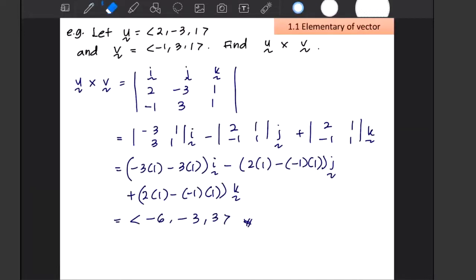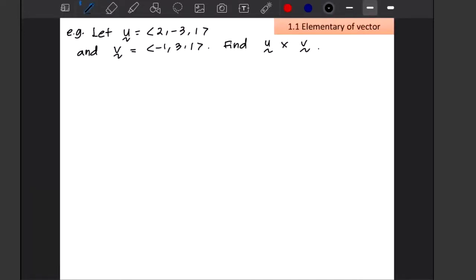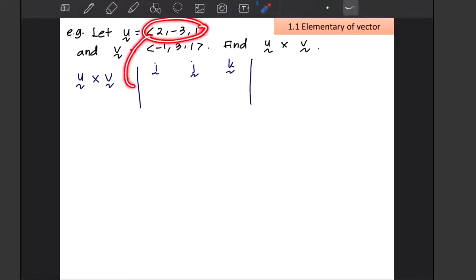We do it together. Okay, we have U and V here. Then find the cross product of U and V. First, put the component for I, J, and also K. This one you put here: 2, negative 3, 1. And then V: negative 1, 3, 1.